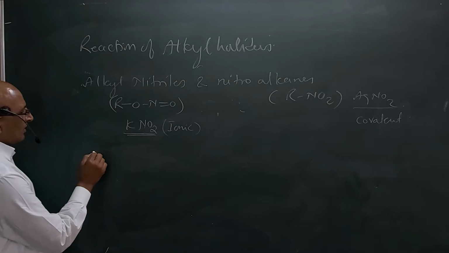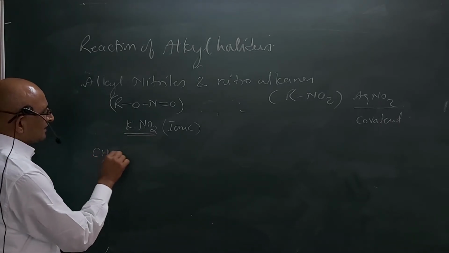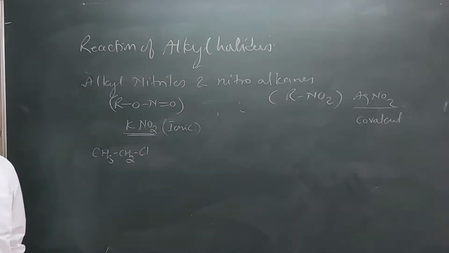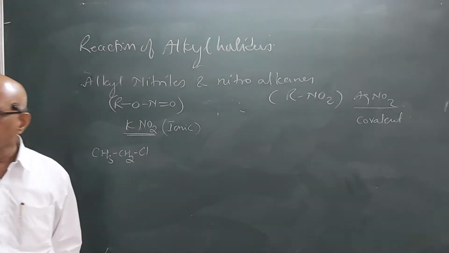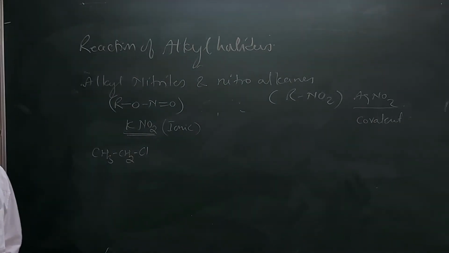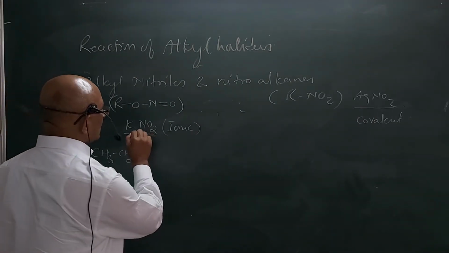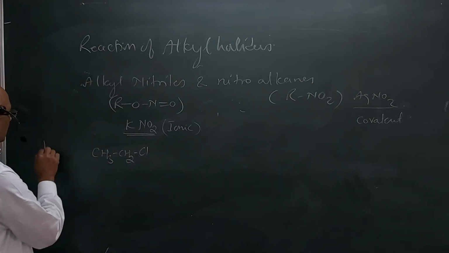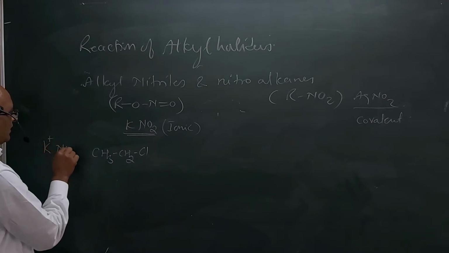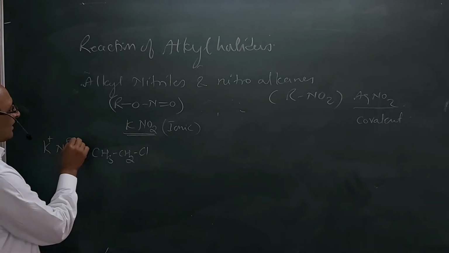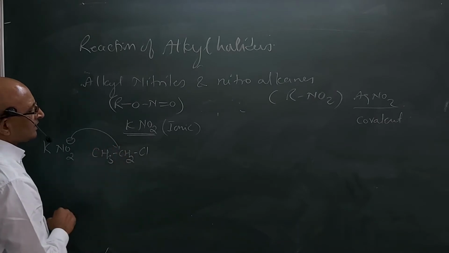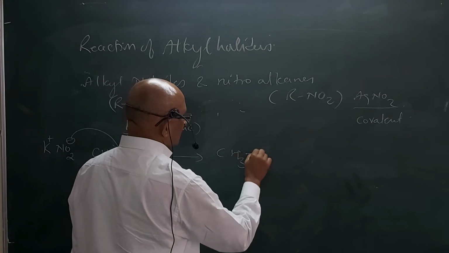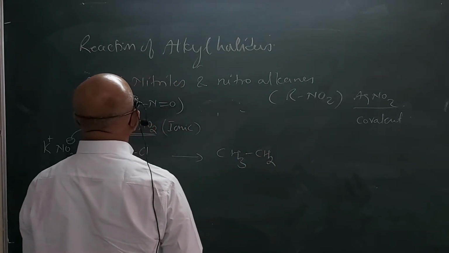On treating the alkyl halide CH3CH2Cl, that is ethyl chloride, with potassium nitrite, KNO2, here K plus and NO2 minus, the NO2 minus attacks the carbon.